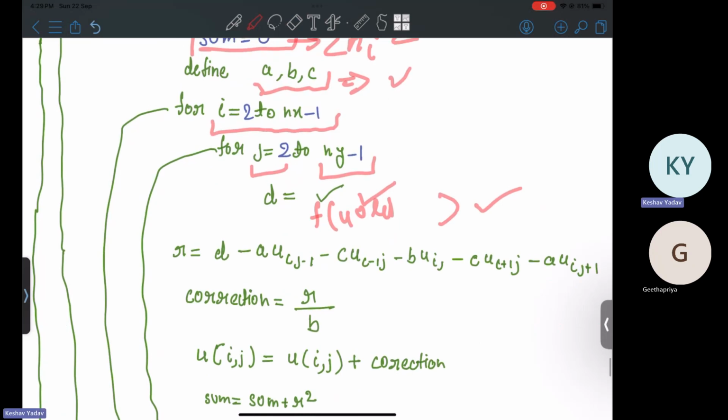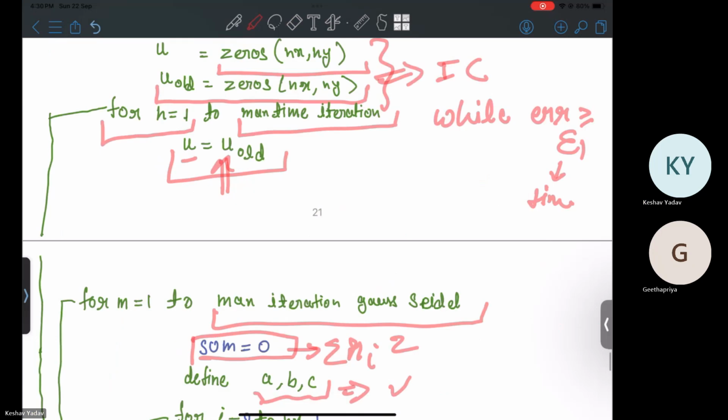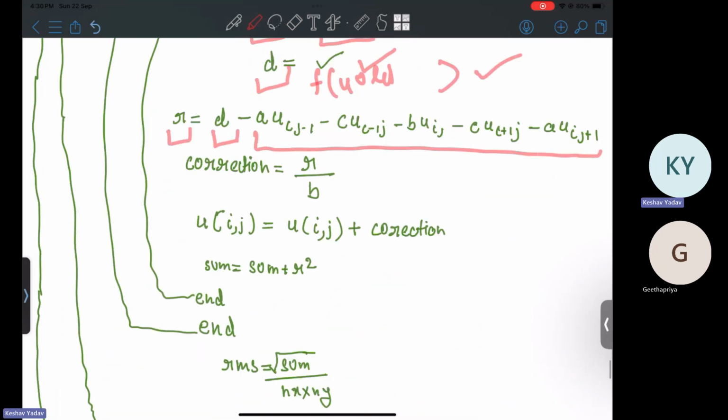Okay, d. Then once I get d, I will find r. That r will be equal to d minus the whole term. So for this equation, what will the residue be? Residue will be equal to RHS minus LHS at the previous time step. So this will be my residue.